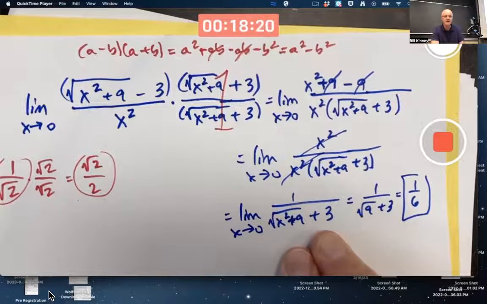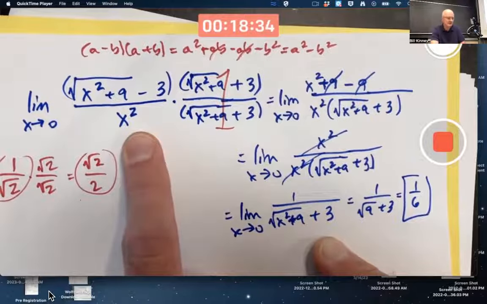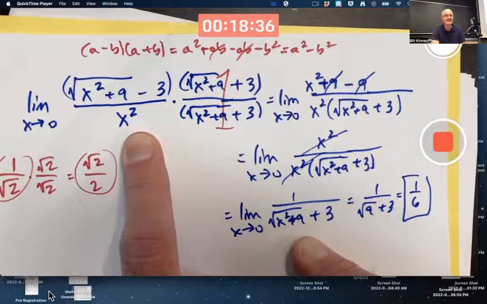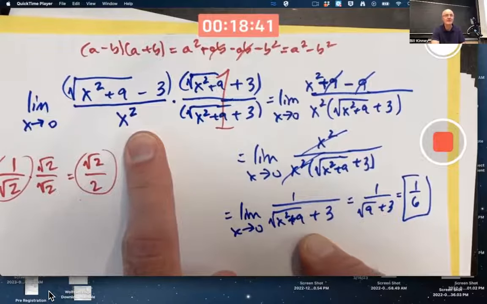If I graph this function on my calculator, the graph would look the exact same as the graph of this one, as far as the calculator is concerned, or Mathematica for that matter, but they are technically different functions. This one is not defined at 0, this one is. This one has a removable discontinuity at 0, this one's continuous at 0.